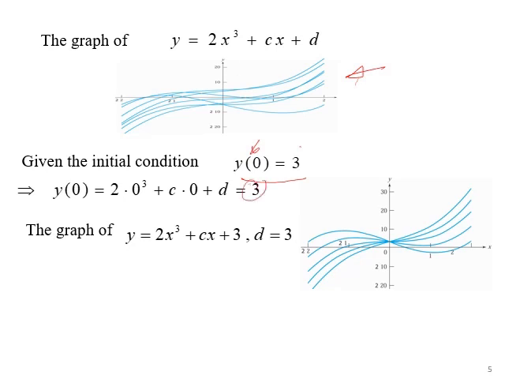Let me substitute for d here. The new equation has one more unknown, which is c. So the number of curves is clearly reduced. I need another initial condition to find c, so it will be more specified.